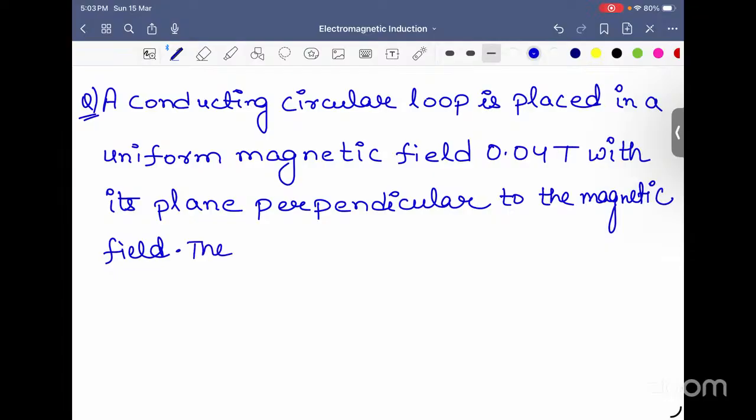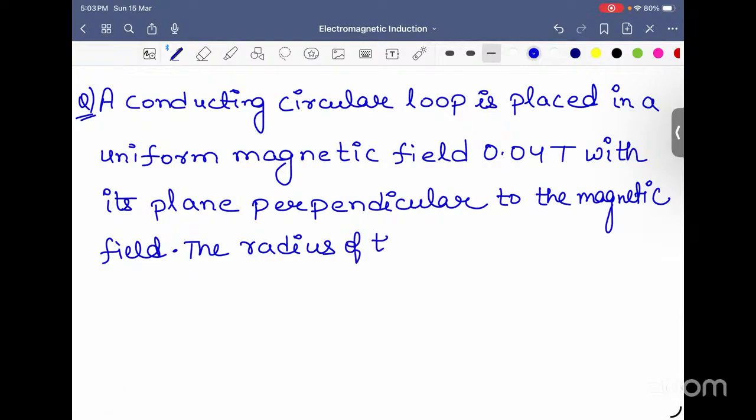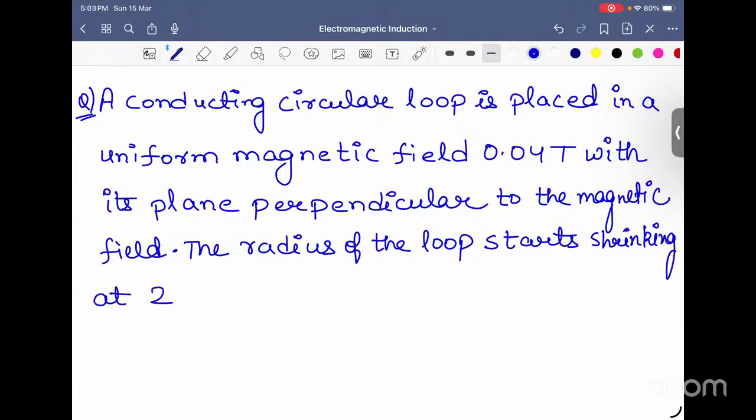The radius of the loop starts shrinking at 2 millimeter per second.